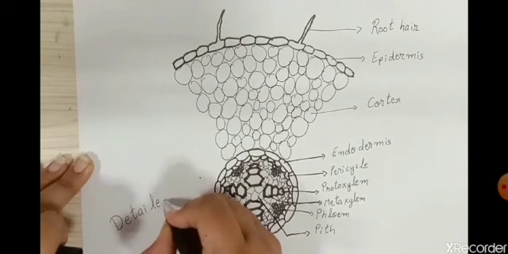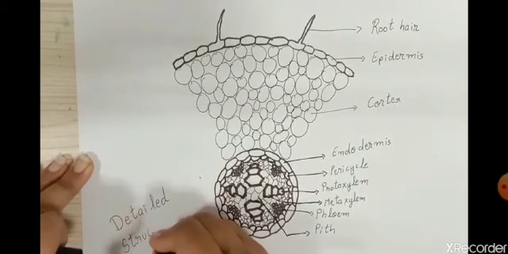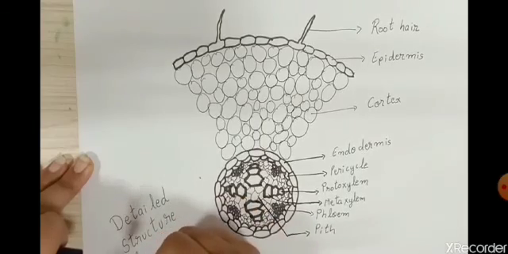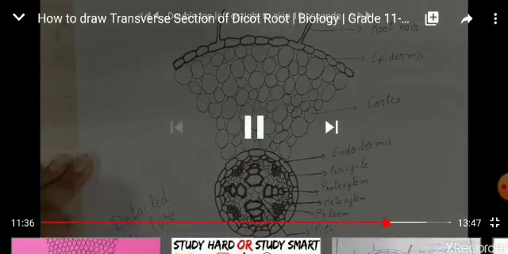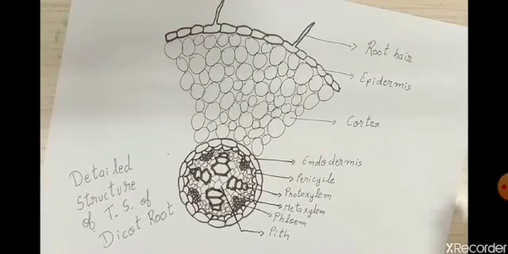Detailed structure of dicot root. It's a transverse section. TS of dicot root.